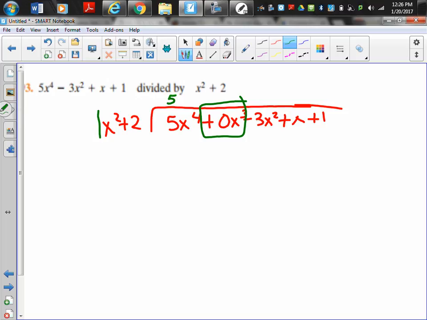So I gotta have an x squared. So 5 times 1 is 5. X squared times x squared is x to the 4. 5 times 2 is 10. 10x squared.